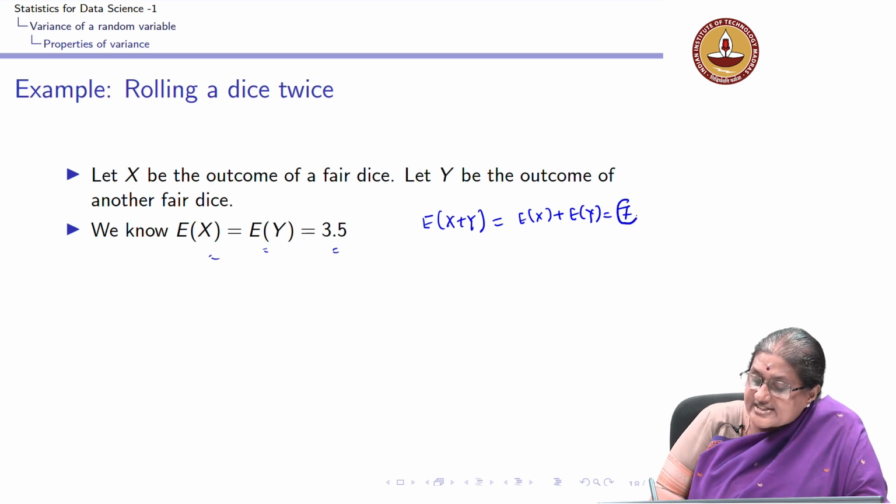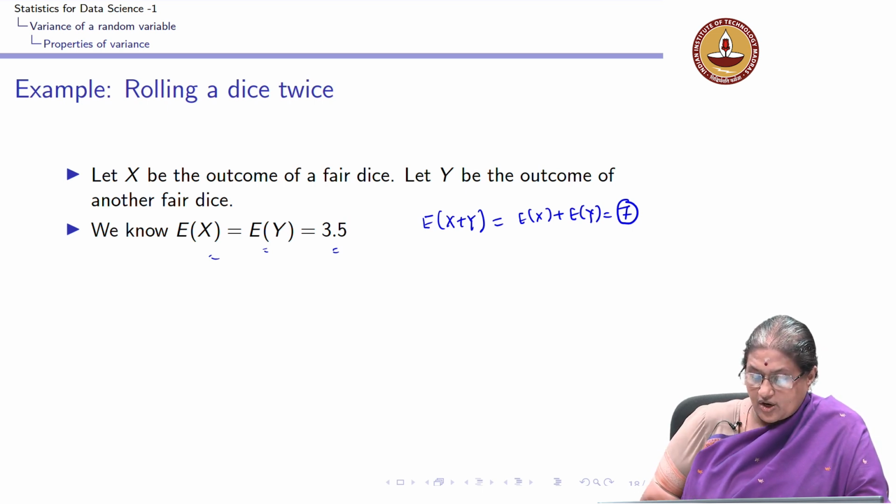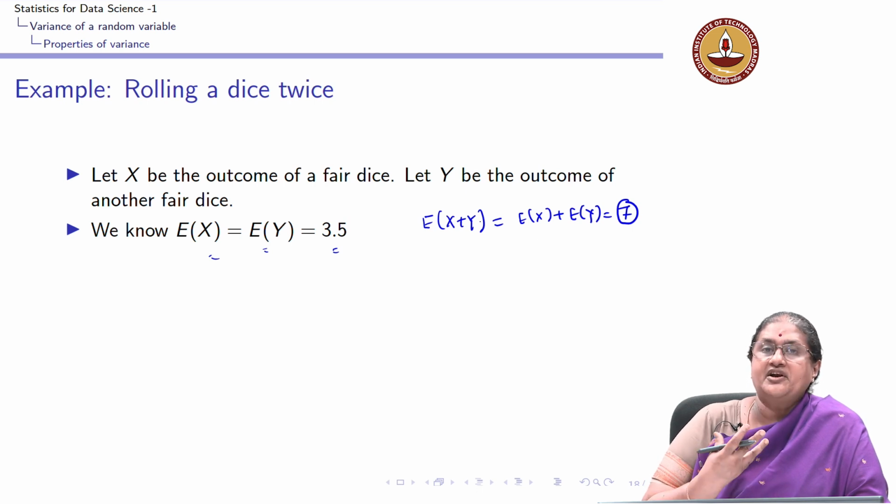When I'm rolling a die twice, you recall that the expectation of the sum of dice was equal to 7.